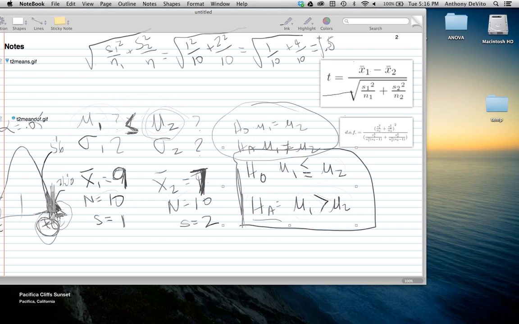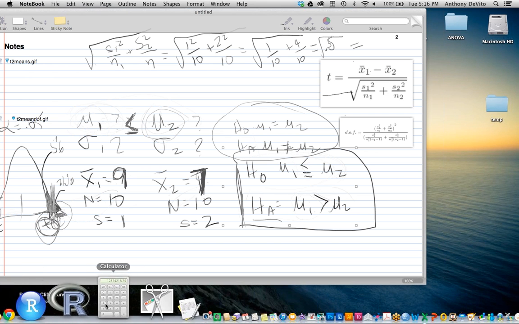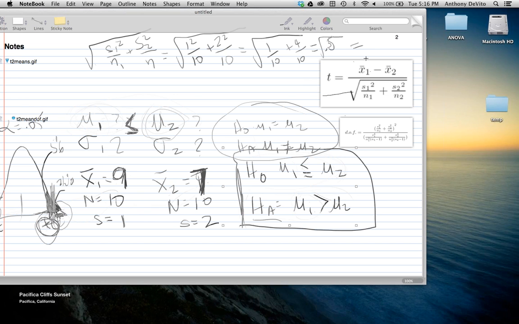But we still have to take the square root of that 0.5. Okay, what's the square root of 0.5? What number multiplied by itself will give us 0.5? So I'm going to take up my calculator, put in 0.5, find the square root of it, and it turns out it's 0.71. So that is our standard error.